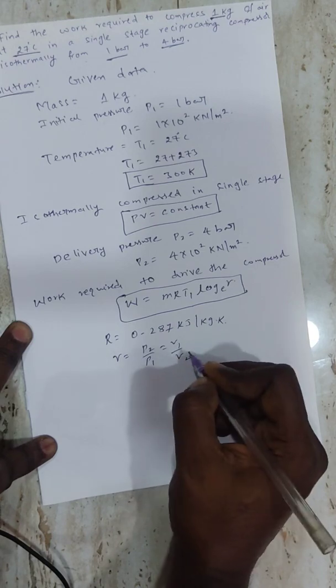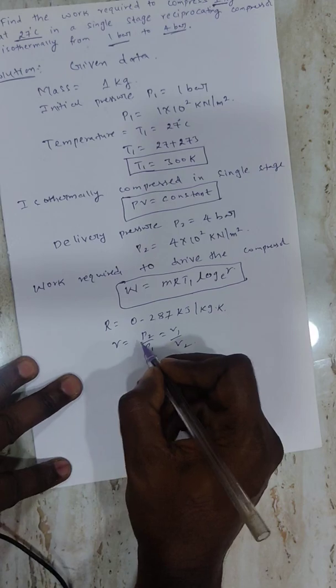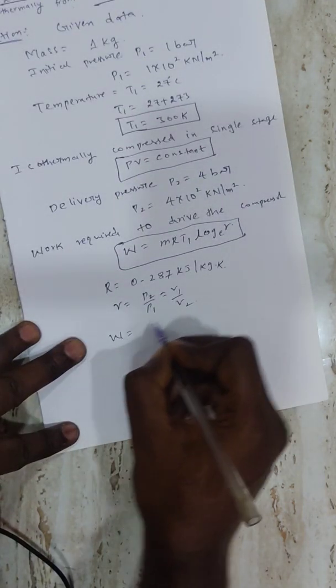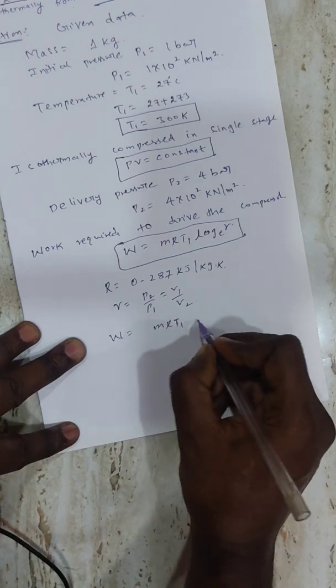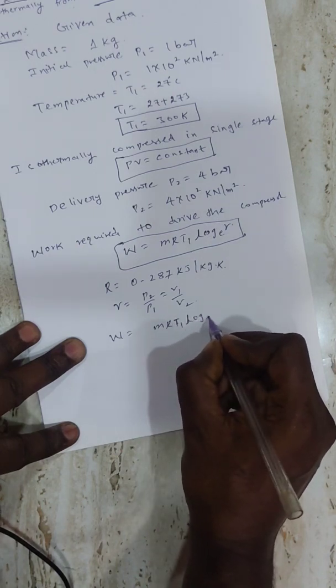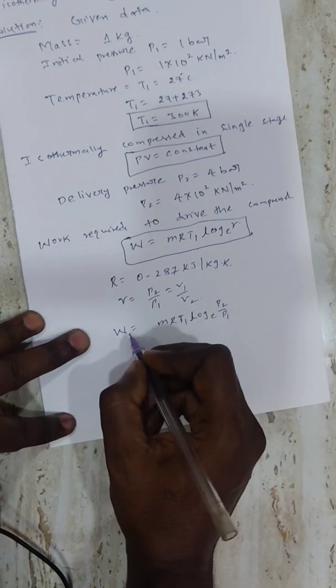Therefore, the formula is W is equal to m R T1 log base e P2 by P1.